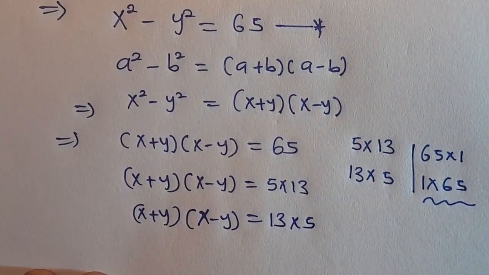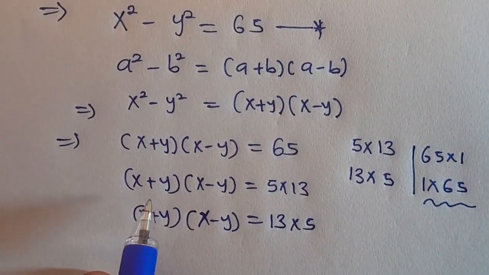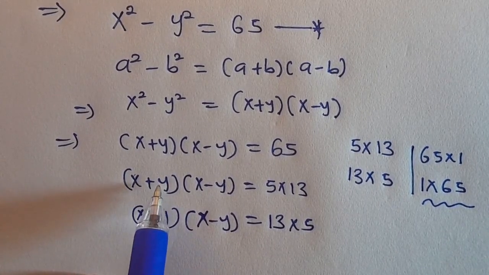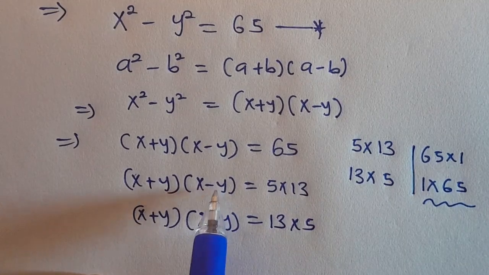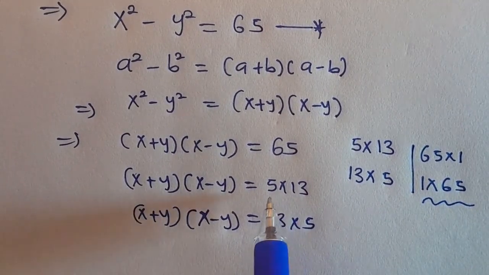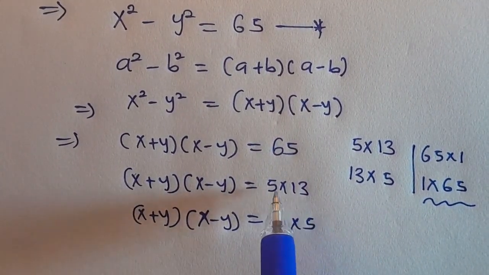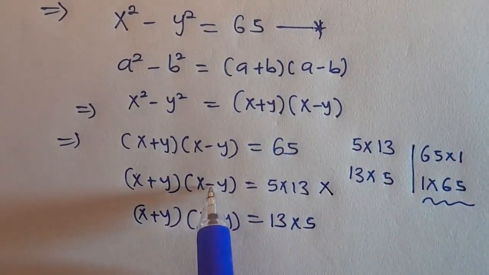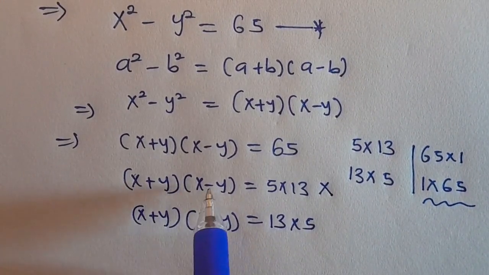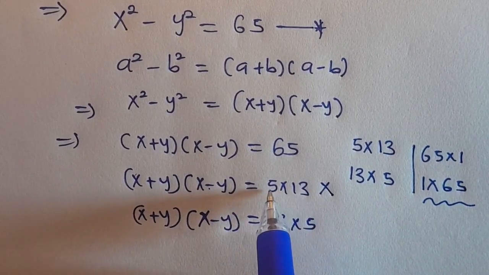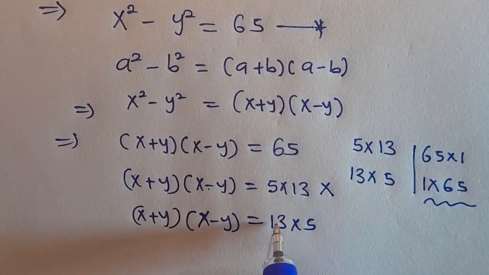Now the next thing we have to take a look at is that x plus y is greater than x minus y, which implies that it must satisfy the right answer as well. We see that 5 times 13 is wrong for this, because here x plus y would be 5, which is less than 13, while x plus y must be greater than x minus y, no matter the value of y. So we need to have 13 first.